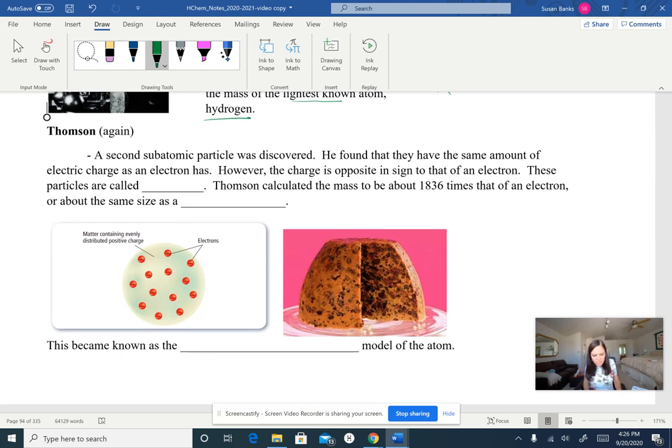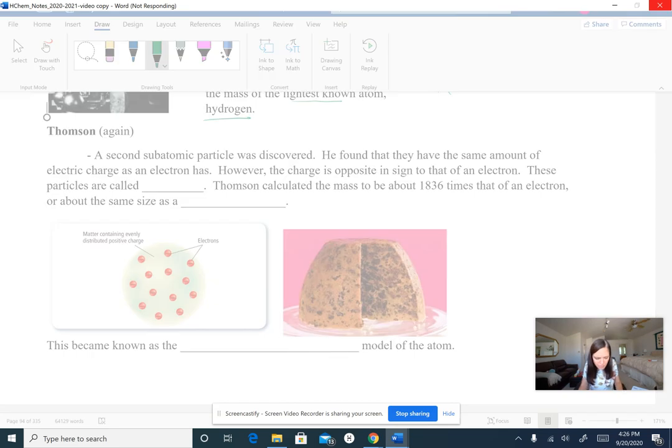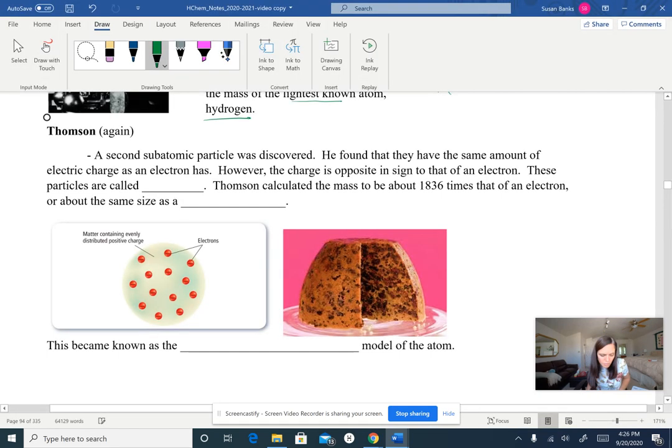And he found that those positively charged particles have the same amount of charge as the negatively charged particles. And these particles are called protons.